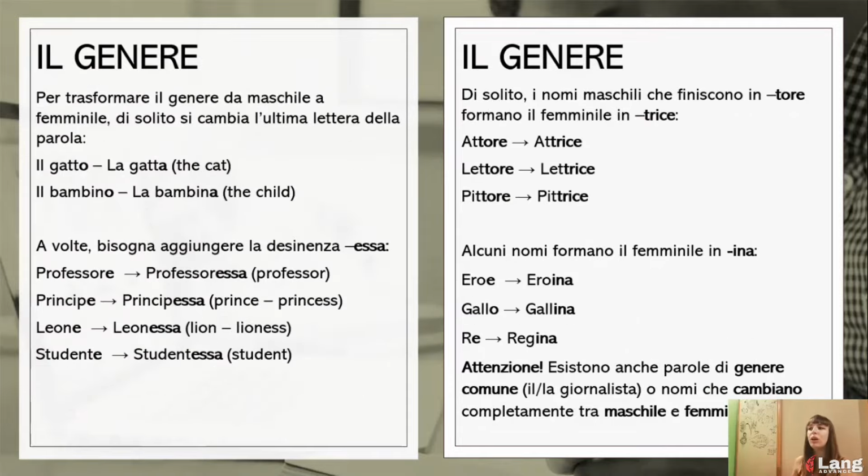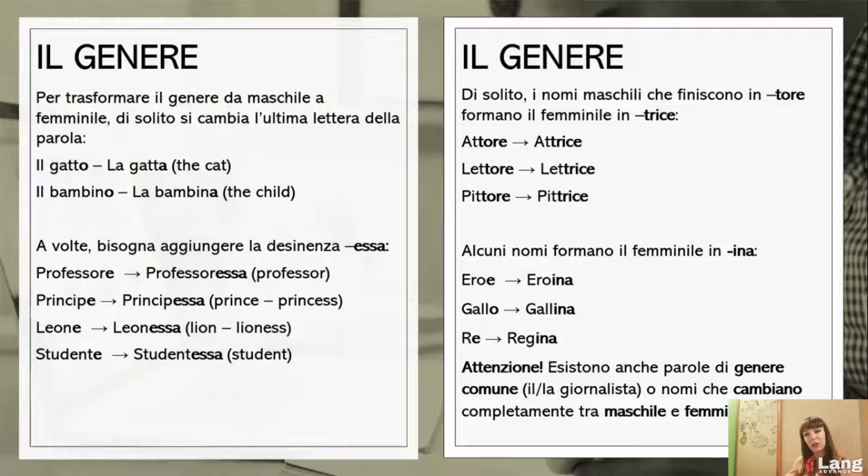So how do you know how to transform a word from masculine into feminine? You basically change the ending of the word. So look at the screen. If we have a cat, okay, un gatto, and we know it's a boy, we will use the word gatto ending with O. But what if the gatto is a girl? We need to change the ending, and we will call it gatta.